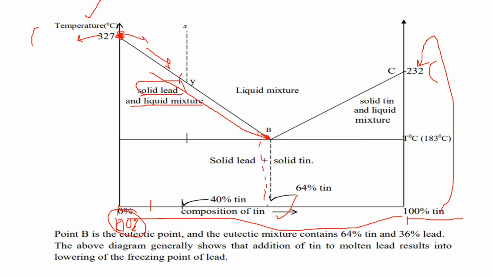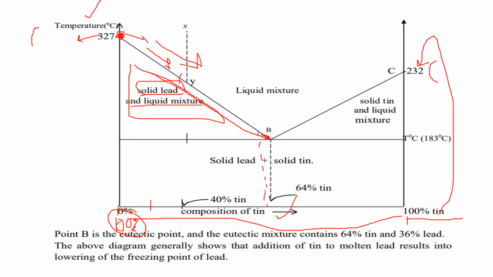So here in this triangle, we label it as solid lead and liquid mixture. The solid substance is the one which is having the highest composition in that area, because as we cool, it is the one that will be crystallizing out of the mixture.